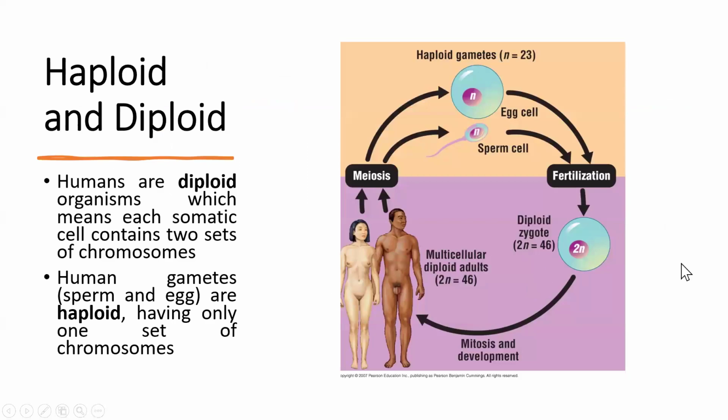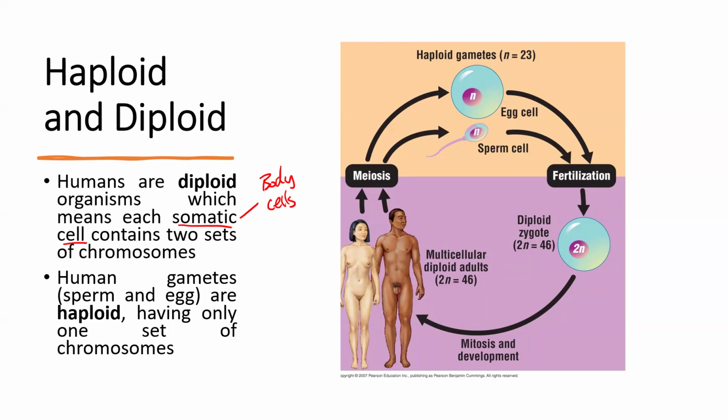There are a few new terms here for you to learn. Humans are diploid organisms, which means we have 2 sets of chromosomes. We know that already. 1 set from mom, 1 set from dad. So all our somatic cells, which basically means body cells, your liver cells, your brain cells, your kidney cells, what have you, are all diploid.